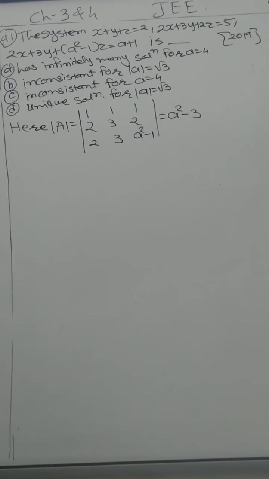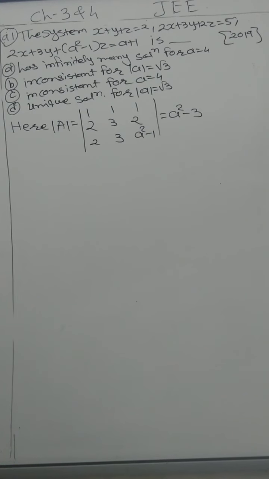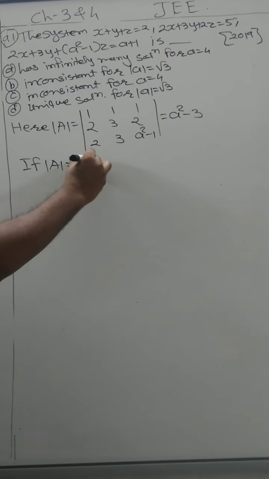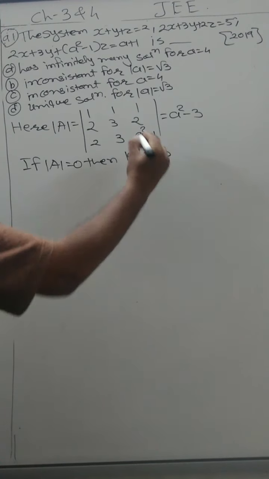Here, when we simplify for determinant, a is equal to [1 1 1; 2 3 2; 2 3 a square minus 1], and when we simplify it, we have a square minus 3. Now, a square minus 3 means what? Therefore, if determinant of a equal to 0, then mod a equal to root 3.